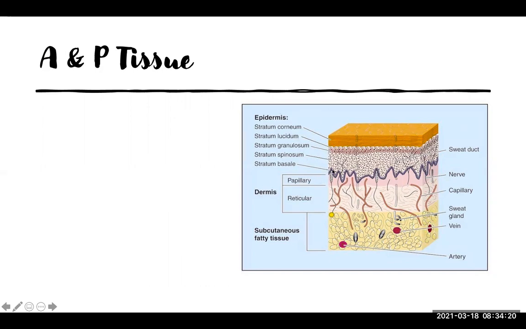Underneath it is the dermis layer, and the dermis layer is where you'll find most of your nerve endings. Blood vessels are starting to form in that area. And then underneath the dermis is what we call the subcutaneous tissue. So that's our fatty tissue. In the fat cells, you'll see glands and other things like veins and arteries also coming through.